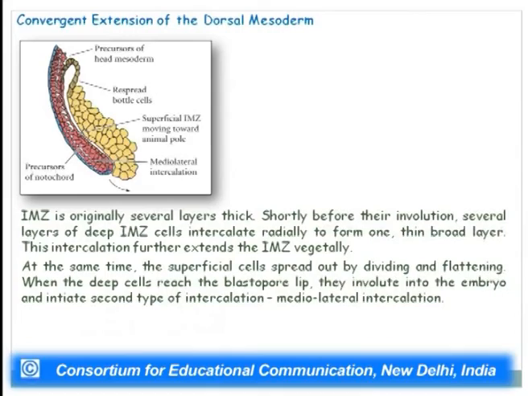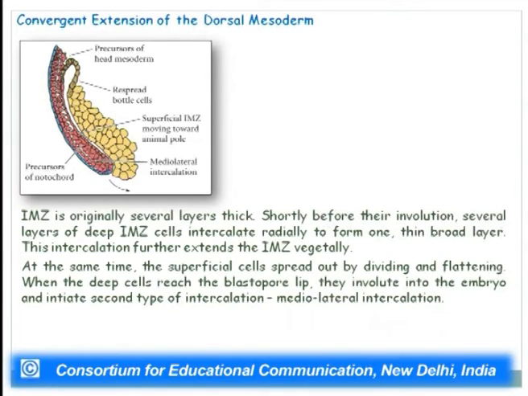In the same way, the different cells arrange themselves in a mediolateral direction one after the other. That leads to the elongation, and to movement in the anterior direction. At the same time, the superficial cells spread out by dividing and flattening.